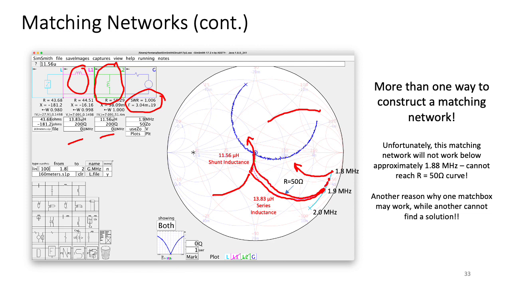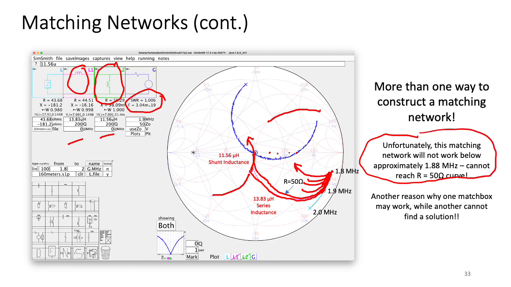Once I'm beyond that point, anywhere in this region here, the curves will always miss that point. And no matter what I do, I will end up with a higher and higher SWR. So it turns out that this particular matching network will not work if the frequency is below 1.88 megahertz.